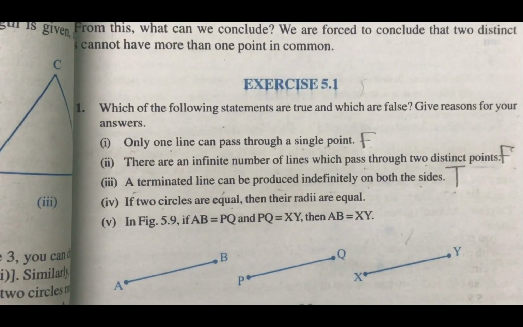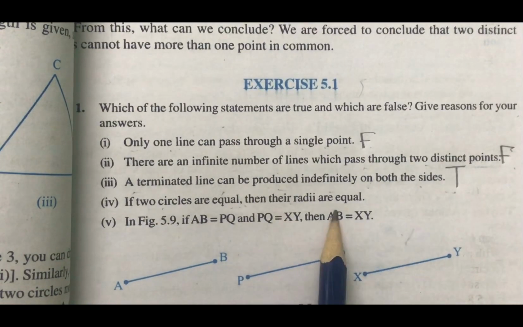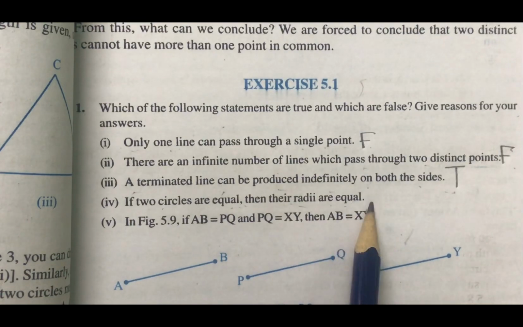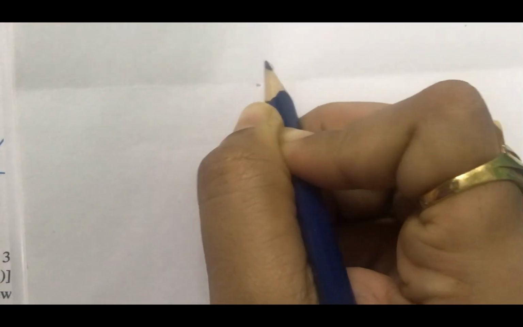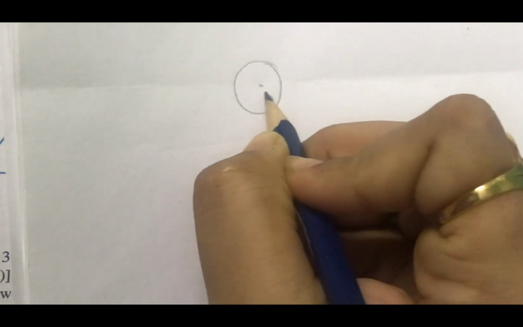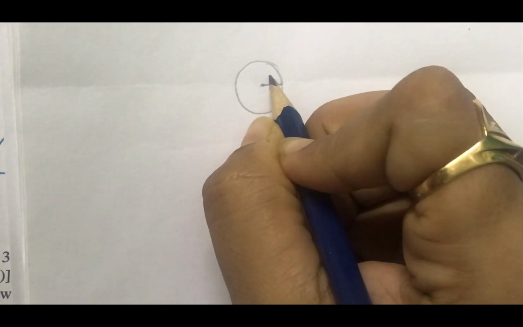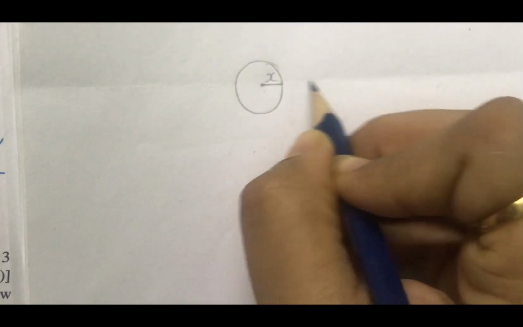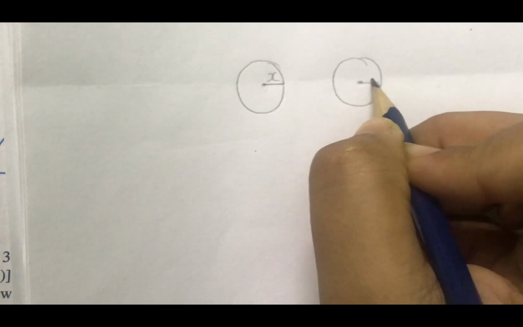Our fourth statement is, if two circles are equal, then their radii are equal. So if two circles are equal, what will happen? Let's say this is my first circle with radius x and my second circle with radius x.